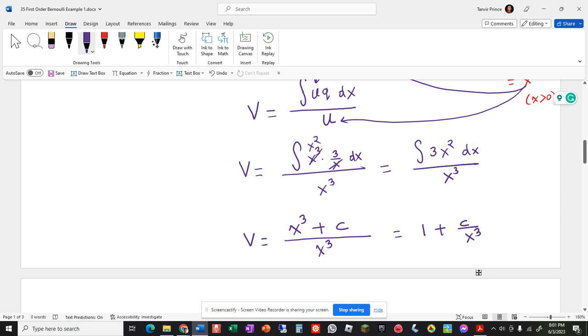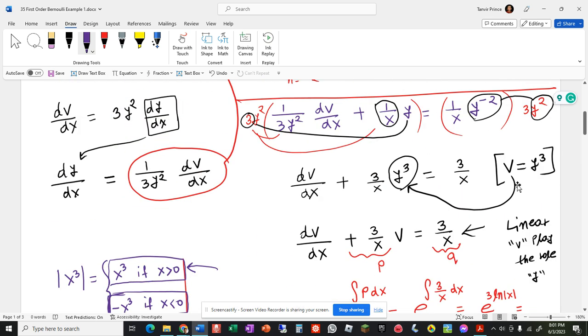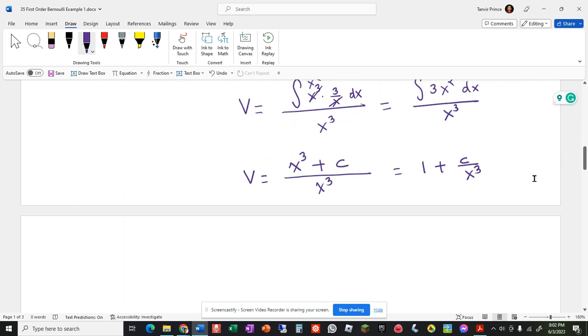But don't forget, what is my v? Remember, v is equal to y cubed. So I have to put that back at the end. Now I replace v by y cubed. So I get y cubed equal to 1 plus c over x cubed.